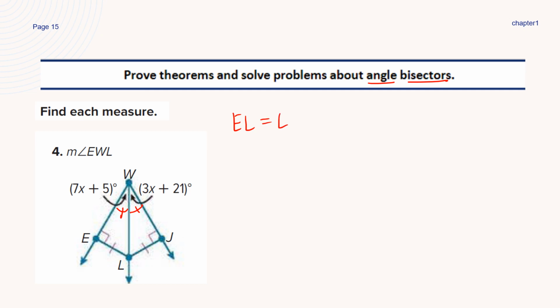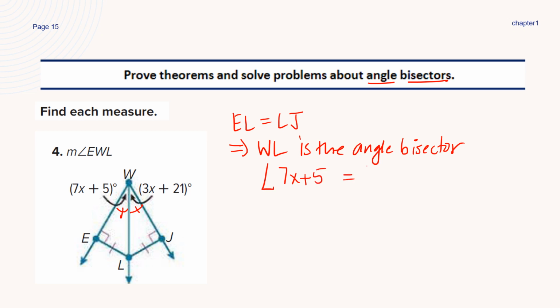This is given. Also this angle is 90 degrees, this angle is 90 degrees. So therefore these two angles are also going to be equal. This implies WL is the angle bisector. And if it is the angle bisector, then angle 7x plus 5 is equal to angle 3x plus 21.